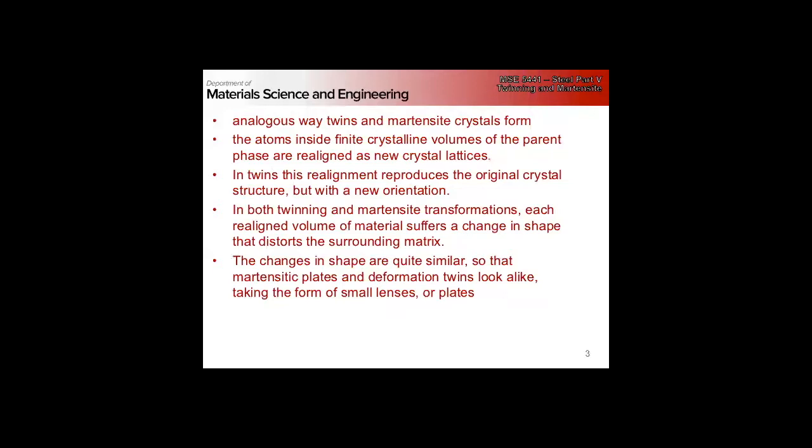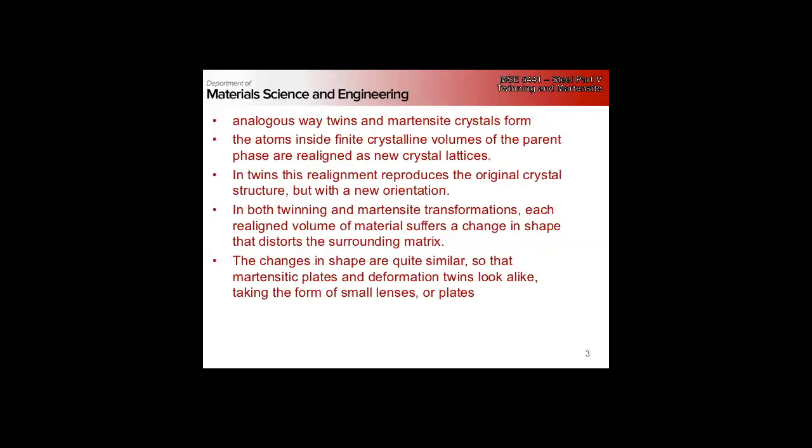So you've got a shear that happens, and the primary difference is in twins, this shear happens in such a way that the realignment reproduces the original crystal structure, but you have a new lattice orientation, right? So in twinning, we go from FCC to FCC, BCC to BCC. Our lattice parameter doesn't change, right?